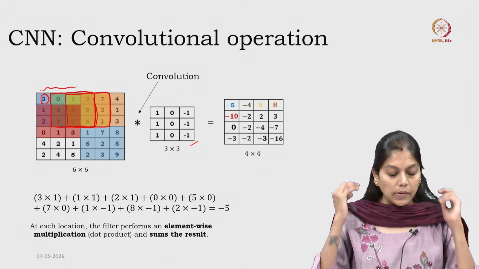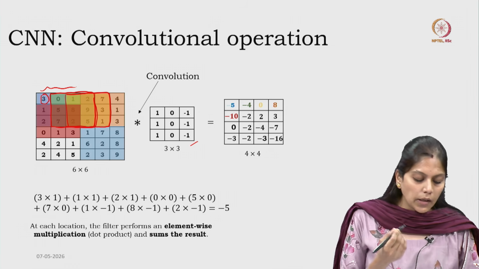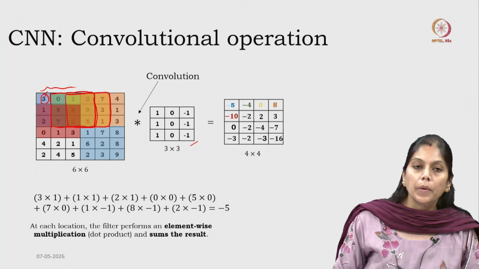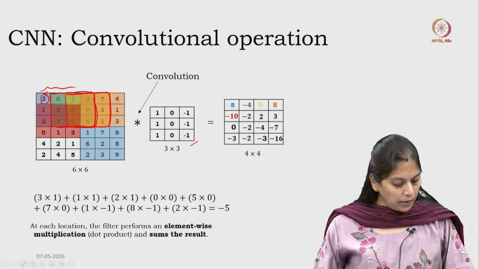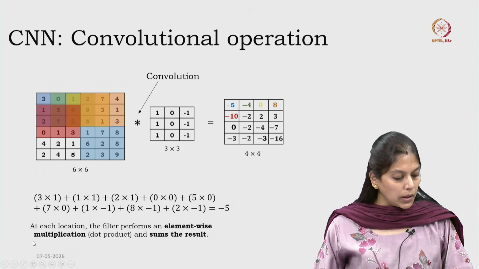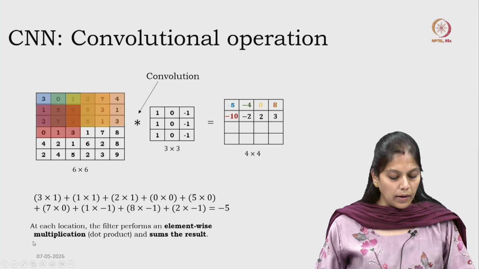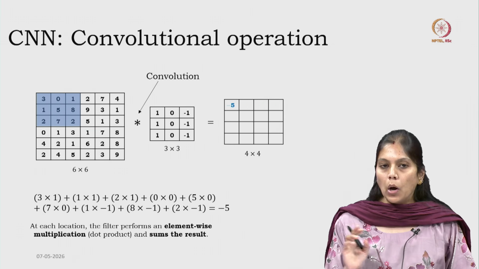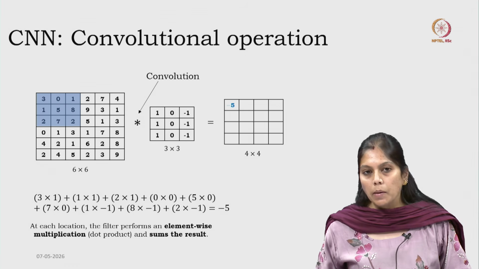Now, in this process, there is something which I had asked you to look into, this 3. Why I asked you to focus on 3 is, let us go back and then I will explain. Now, we are looking at this part of the image.